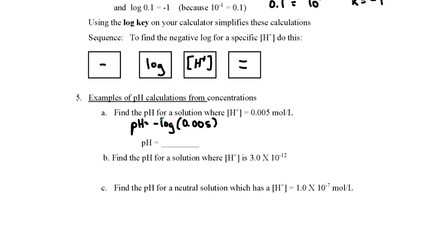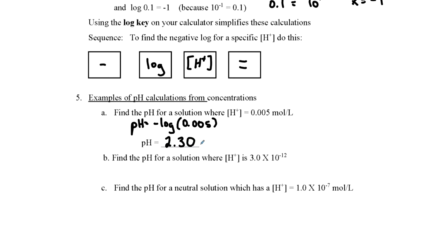On my calculator, and you should try this along with me, you would punch in negative, then log, then put in the concentration and press equals. You should get a pH of 2.3.